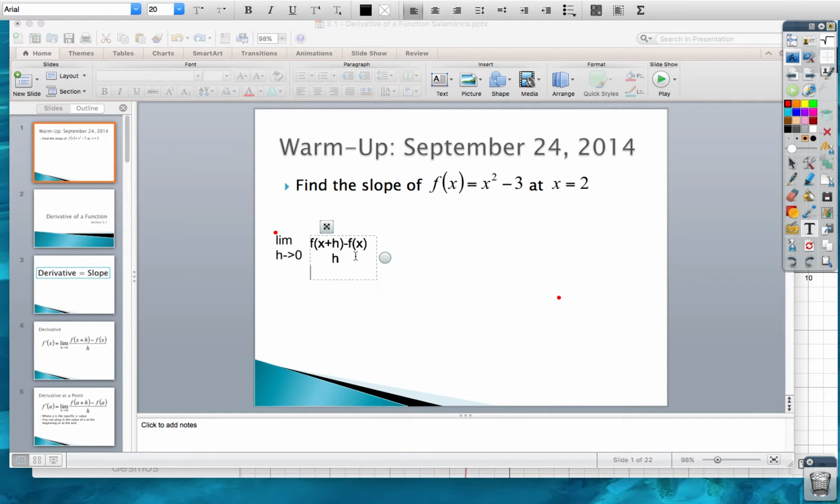So looking at the function, we're going to do x plus h quantity squared minus 3, minus, we're going to put these in brackets, x squared minus 3, like so.